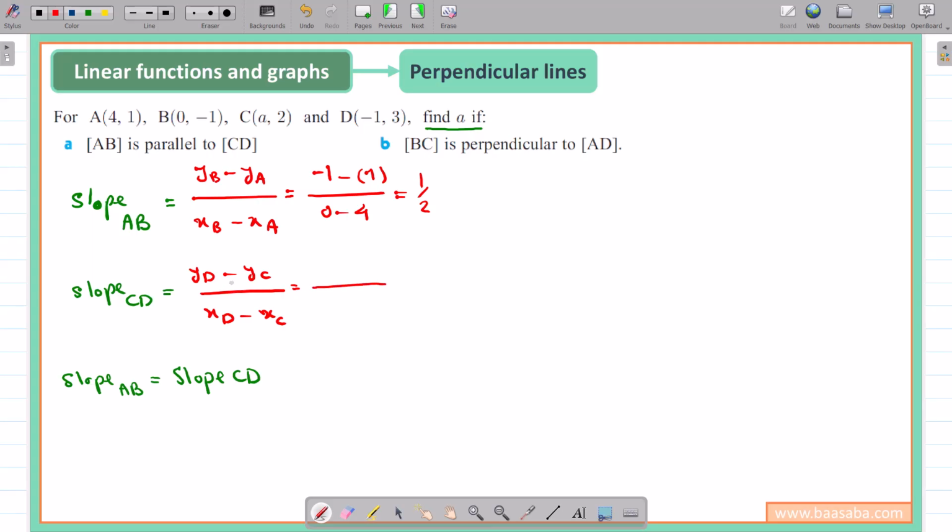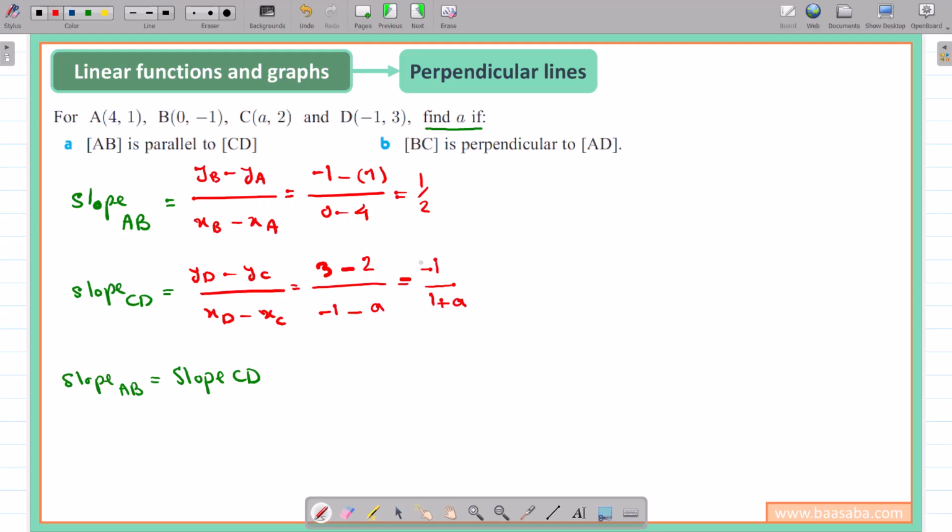This one: yd 3 minus yc 2 over xd -1 minus xc a. This one will be 1 over, we can factor out a negative and bring it to the numerator, 1 plus a.